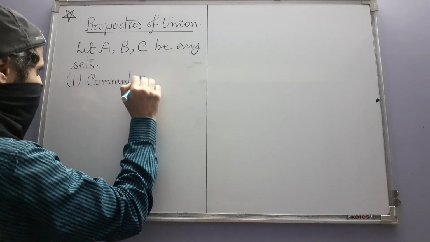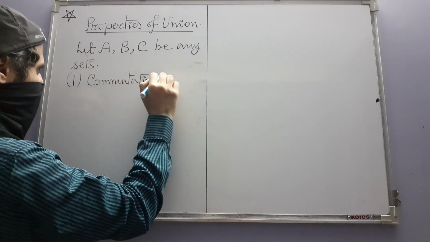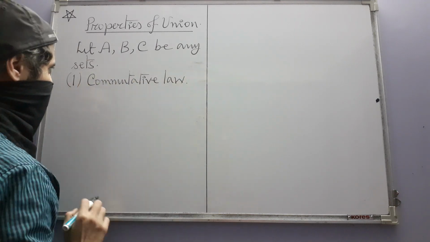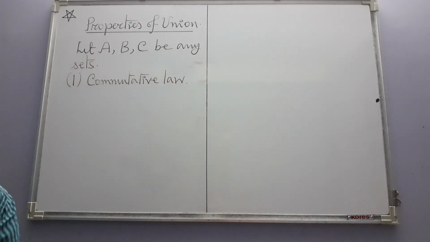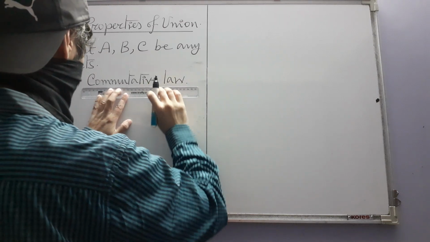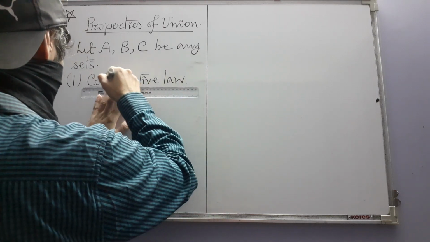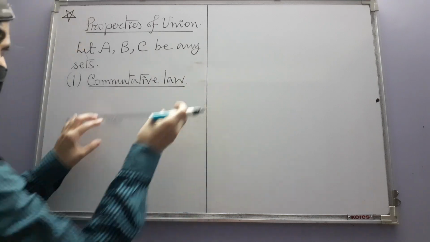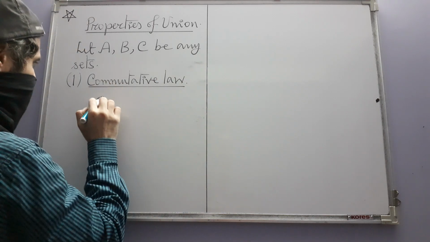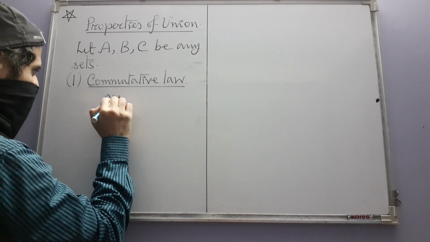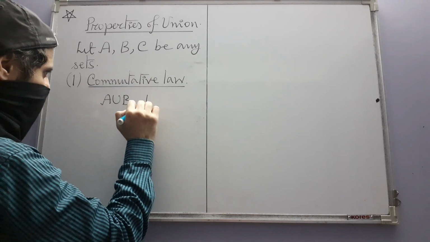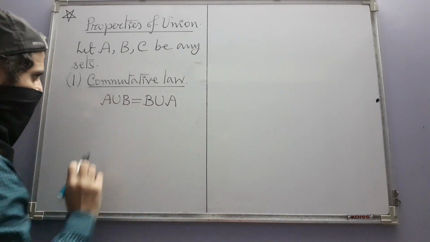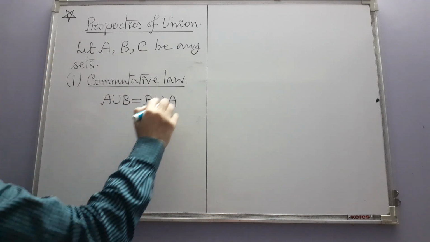It has a name, commutative law. What it says is that when we form the union of two sets, it does not really matter the order in which we take the two sets. That is, whether you write A union B or B union A, they are actually the same set.